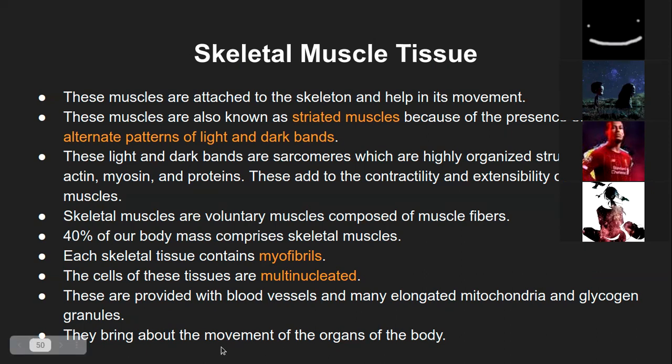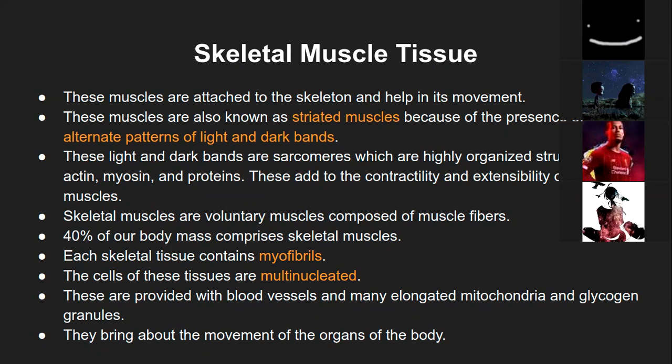And of course, we know the last point, that is the movement of the body. So that is the skeletal tissue, which are voluntary striated muscles. They also have multinucleated cells, and you know the reason now. And the rest of the facts remain the same, being a muscle.